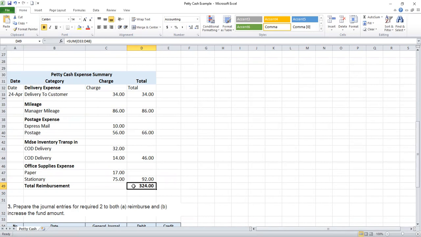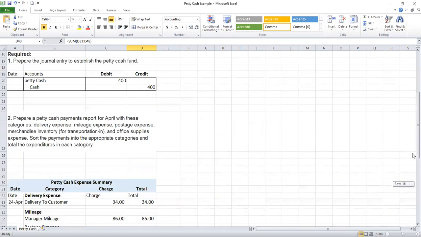So the purpose of this is, one, you want to recognize the actual expenses. Okay, we're going to do that with journal entries below. But we also want to refill that petty cash drawer or chest or box, however they give you the petty cash. Usually it's kept in like a lockbox. So we want to reimburse it. So we spent $324 on petty cash stuff for the month of April.